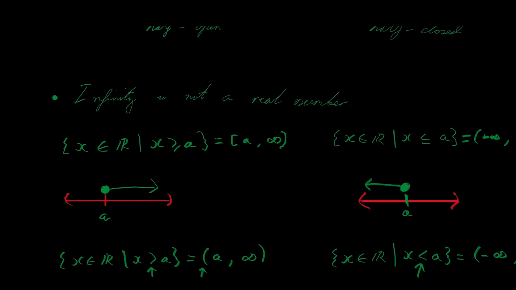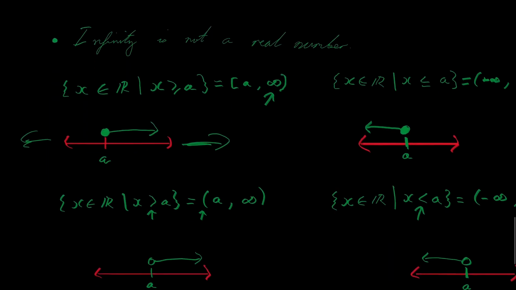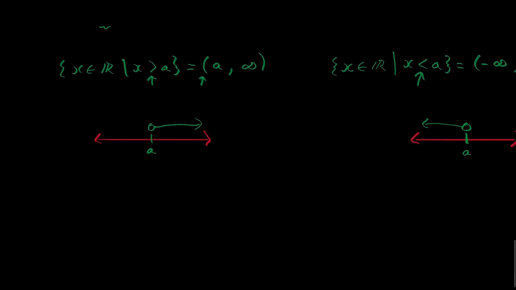Nonetheless, we still use the symbol for infinity to indicate that an interval stretches on forever. It just extends forever in some direction, either towards the positive end of the real number line or the negative end of the real number line. And we use positive infinity and negative infinity, respectively, to indicate this fact. So that's interval notation in a nutshell.